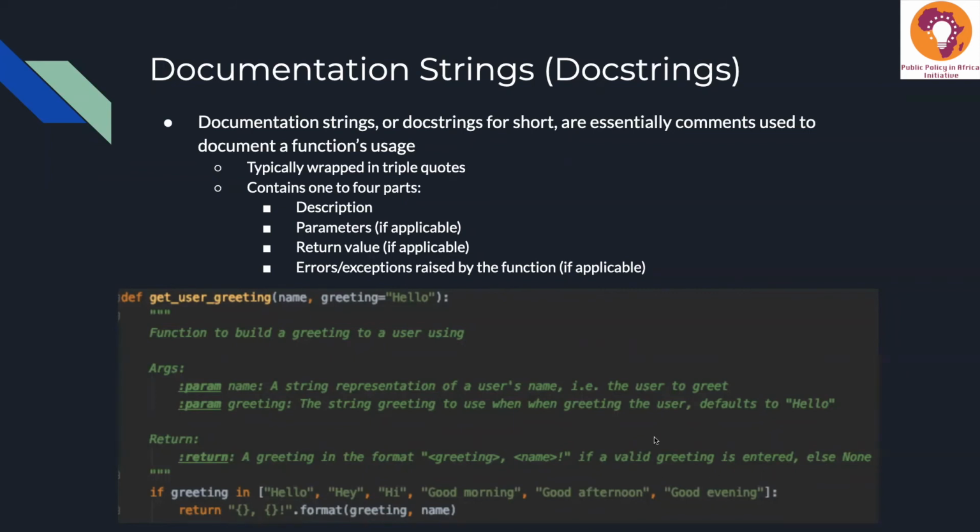Otherwise, it'll return none, as we saw previously. So it's good to call out what's being returned. It's returning a greeting in this particular format if a valid greeting is entered, otherwise it's going to return none. And I'm just doing shorthand programming logic here with if a valid greeting is entered, else none.